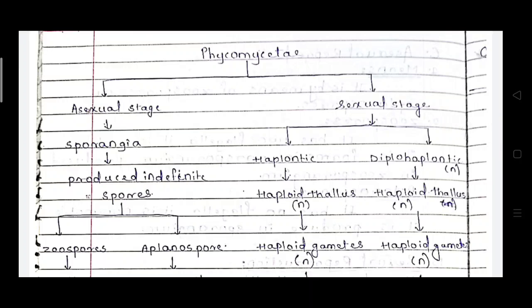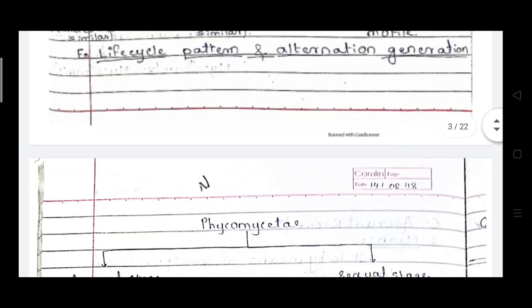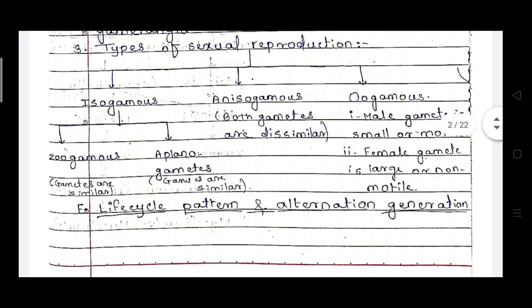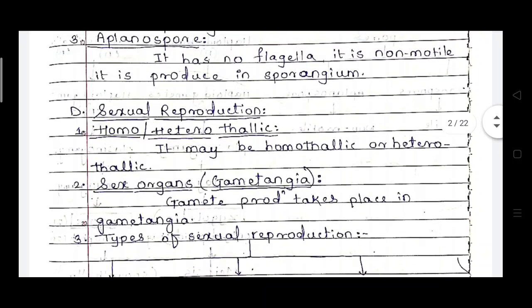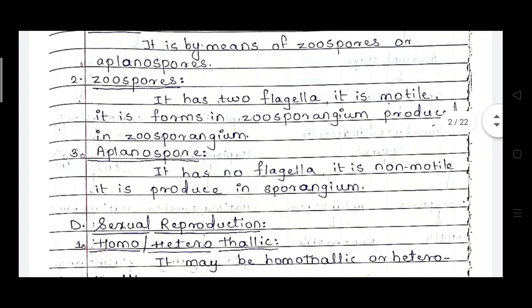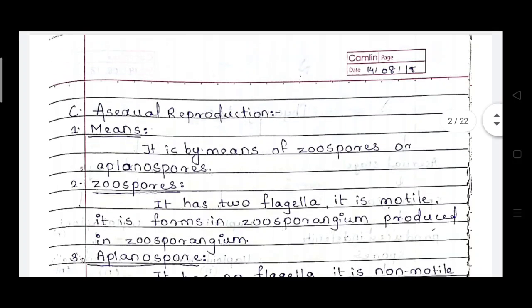The life cycle of the fungi is mainly differentiated into two main types, the asexual stage and the sexual stage. In this topic, different MCQs are asked on the life cycle, that is haplontic or diplohaplontic. Also the difference between isogamous, anisogamous and oogamous. Also there are questions on the definitions of zoospores and aplanospores.